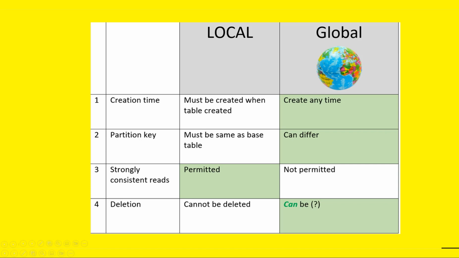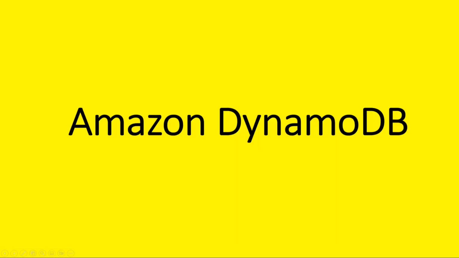Property number 4 relates to the deletion. Well, we're told that local secondary indexes cannot be deleted after you've created them.